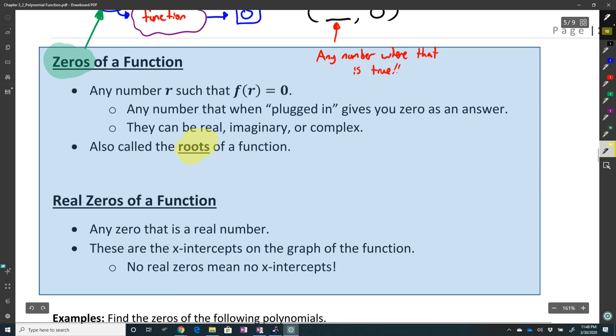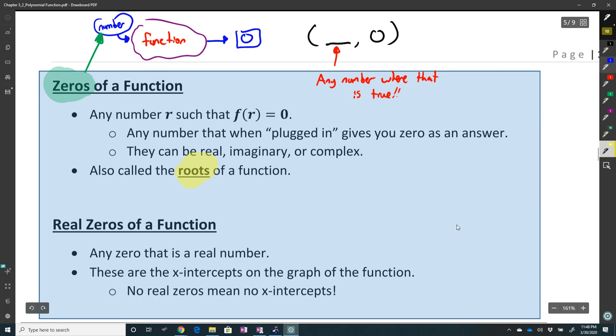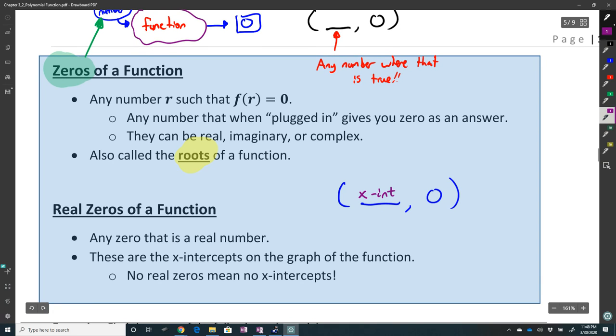Now, you may have noticed that this definition just happens to be the same thing as an x-intercept. Whenever you have a number, comma 0, that's an x-intercept. And that's true. So a real zero, they elaborate on it, is x-intercepts.